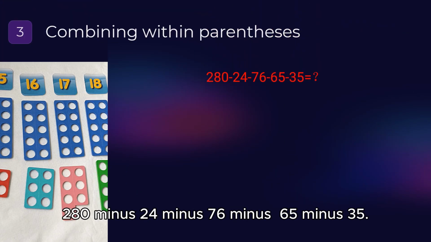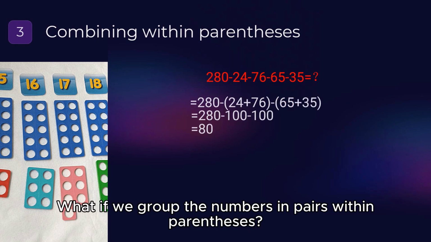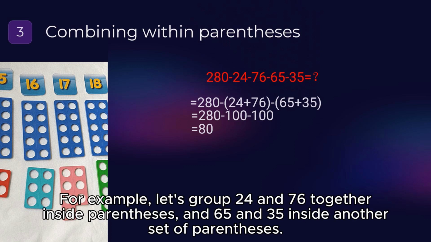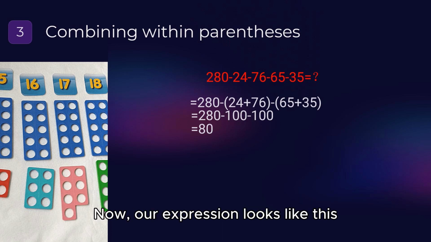Okay, let's look at the big numbers: 280 minus 24 minus 76 minus 65 minus 35. What if we group the numbers in pairs within parentheses? For example, let's group 24 and 76 together inside parentheses, and 65 and 35 inside another set of parentheses. Now, our expression looks like this.